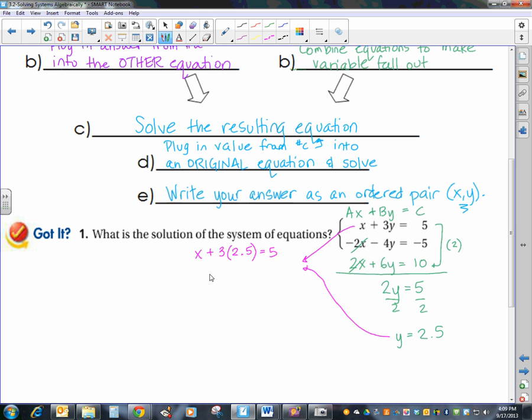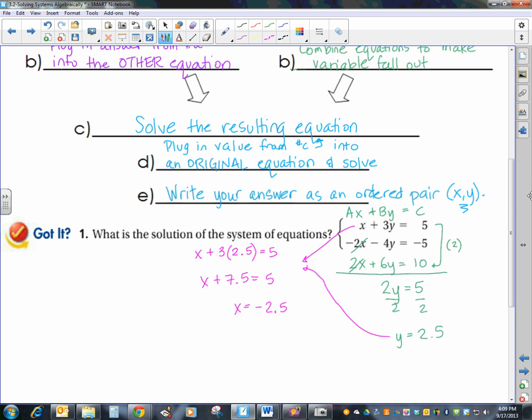And 3 times 2.5 is 7.5. And so then I subtract 7.5 and I get x equals negative 2.5. So that was plugging in the value into the original equation, and then I solved it.